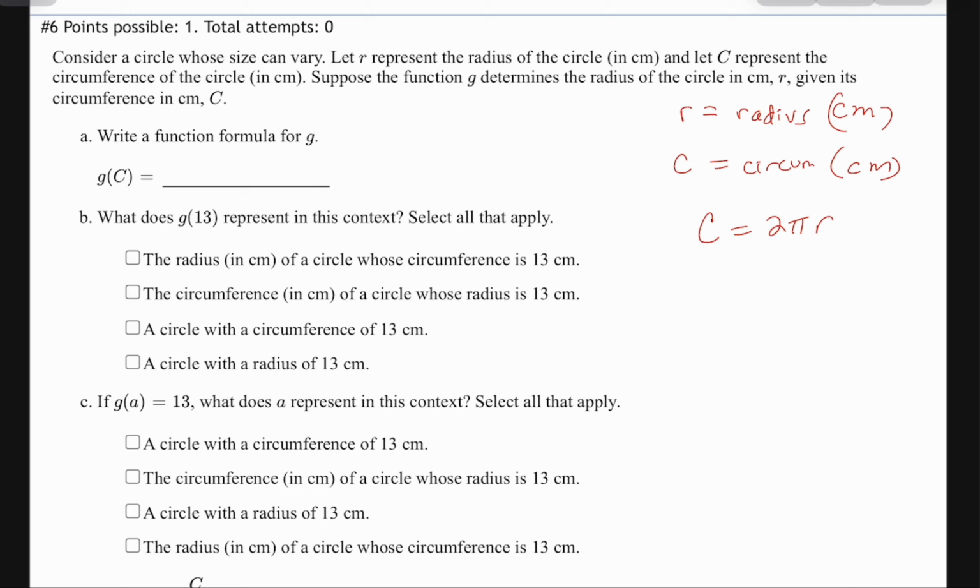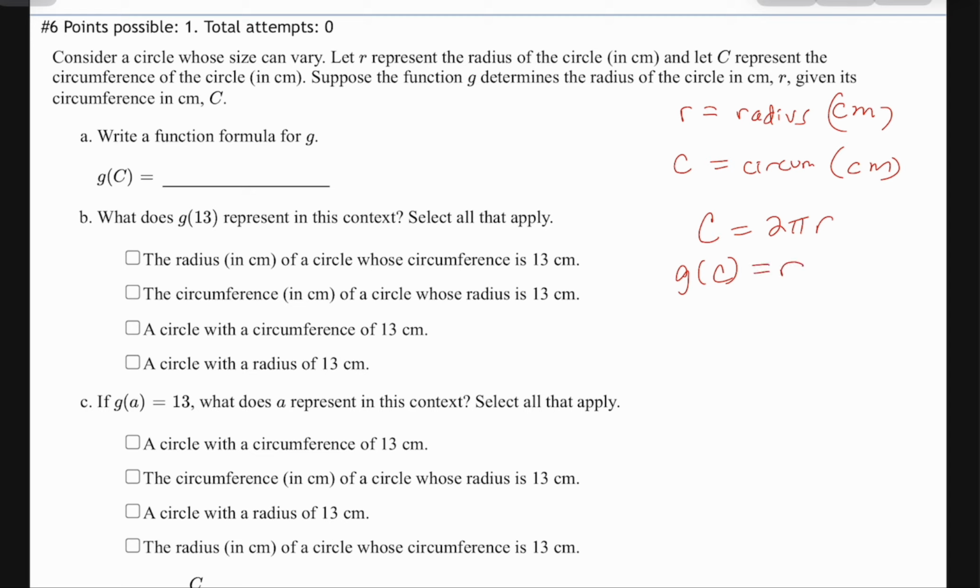Let g be a function that's determining the radius of the circle, r, given its circumference c. So g of c would equal r.